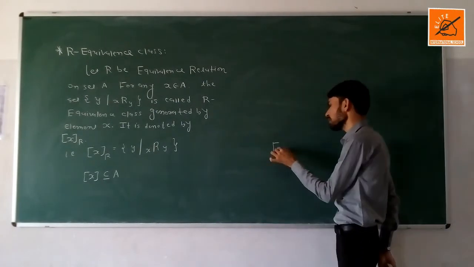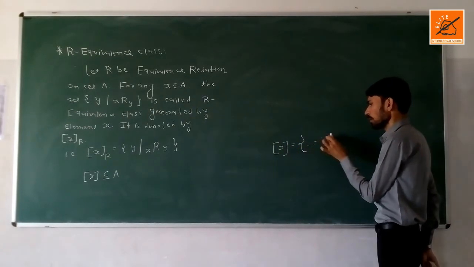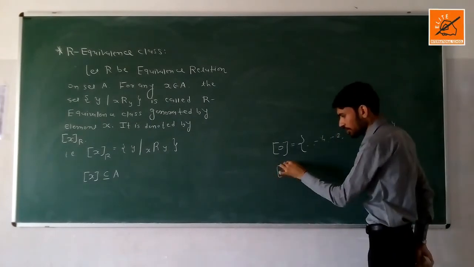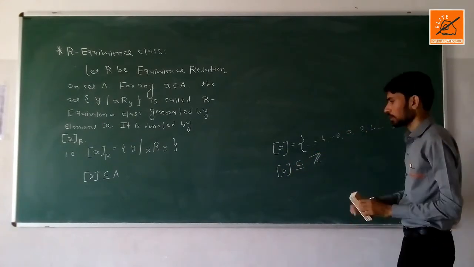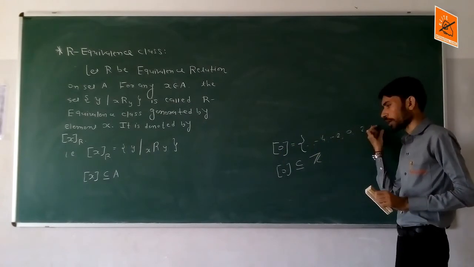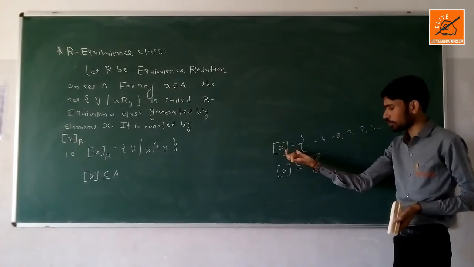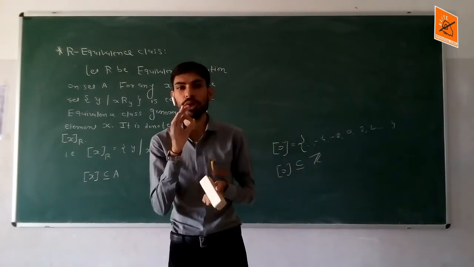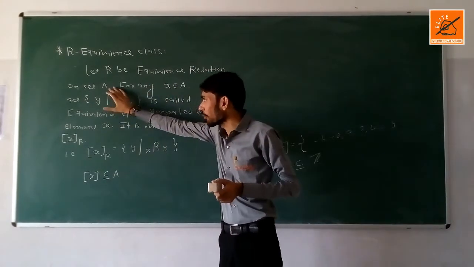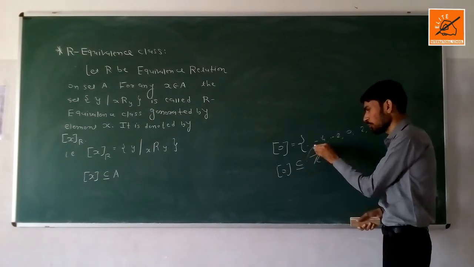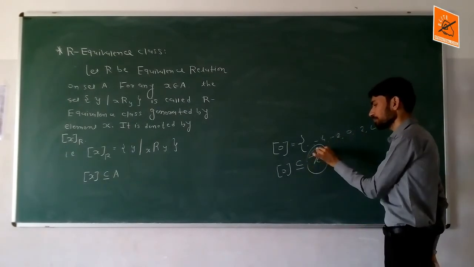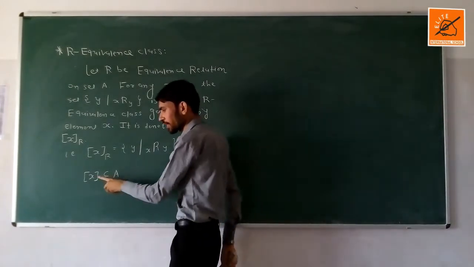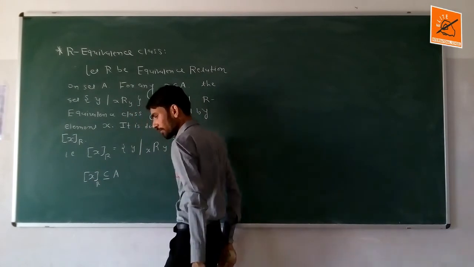Then observe equivalence class 0: we obtain -4, -2, 0, 2, 4, so equivalence class 0 is a subset of Z. Equivalence class 1 is also a subset of Z. So whenever you find the equivalence class generated by any element of a set, it is always a subset of your set A. In this example we have the set Z, so each equivalence class of Z is a subset of the set of integers Z.